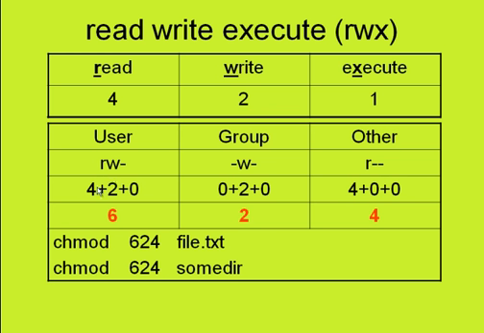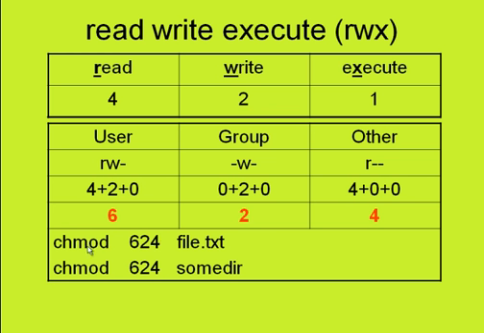For R equal to 4, W equal to 2, so you can take 4 plus 2, which equals 6. Group W is equal to 2, and the rest is 0, so you get the value of 2. Others only has a read permission set, so it's equal to 4.